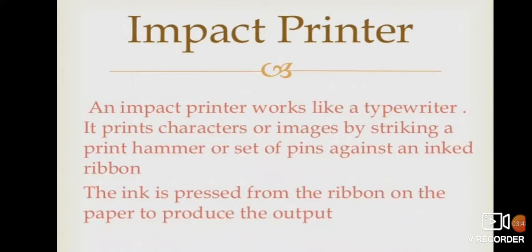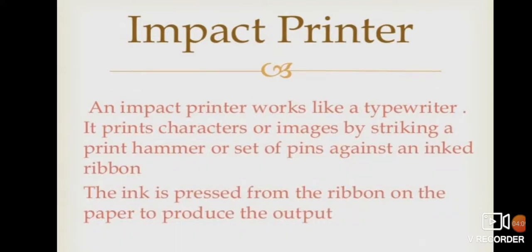The ink is pressed from the ribbon onto the paper to produce the output. So in impact printers, a hammer or set of pins strikes an inked ribbon and the ink is then pressed on the paper to produce the output.